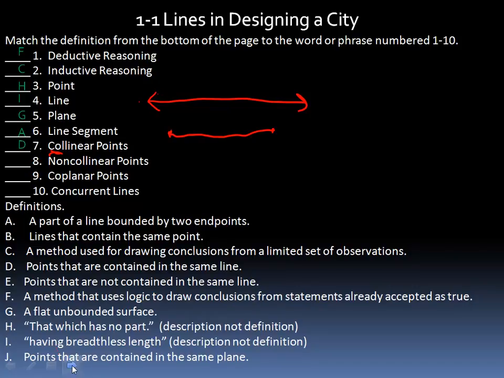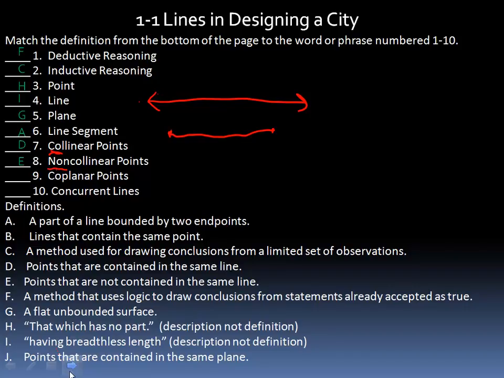Non-collinear points, well, obviously non means they're not. Instead of that, we've got E, which is points that are not contained in the same line.